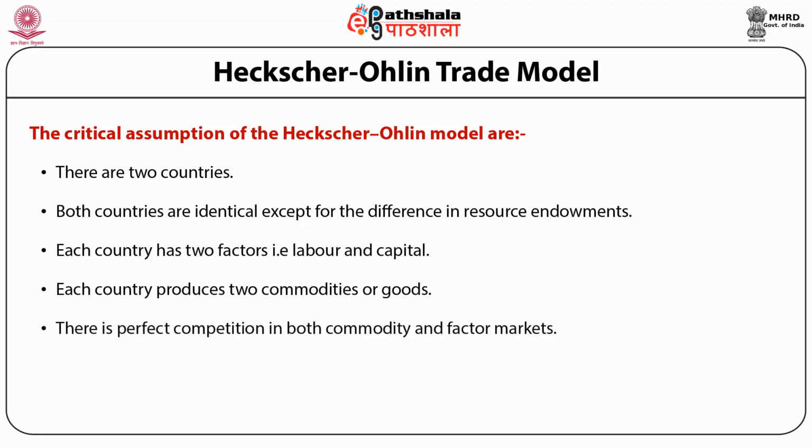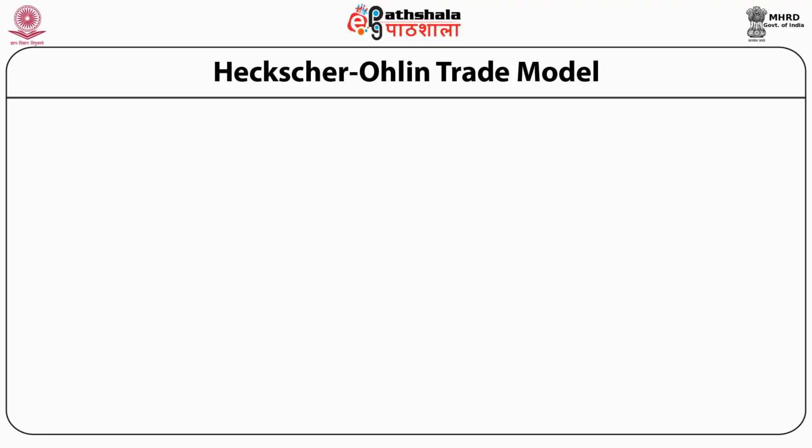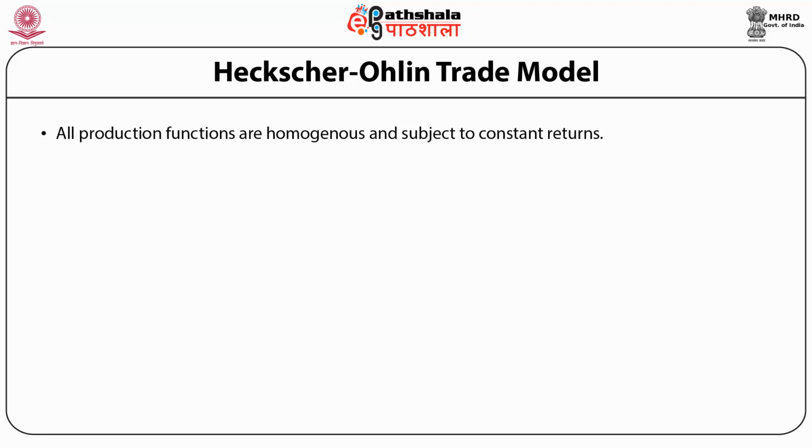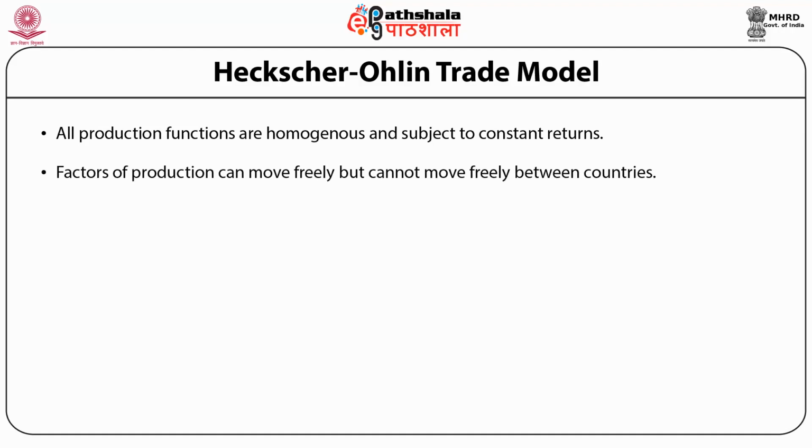There is perfect competition in both commodity and factor markets. There is free trade and there are no restrictions on international trade. All production functions are homogeneous and subject to constant returns. Factors of production can move freely within countries but cannot move freely between the countries.